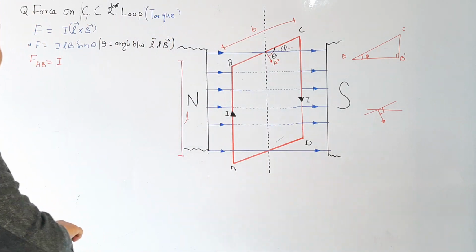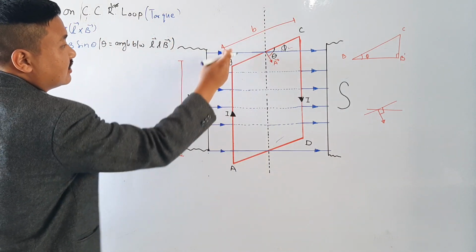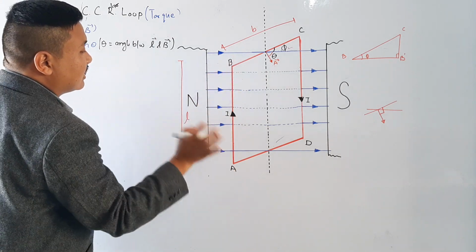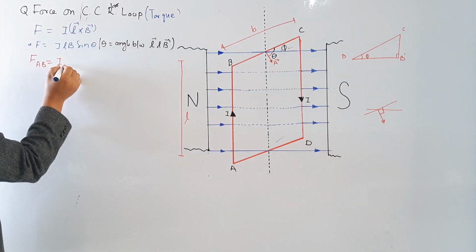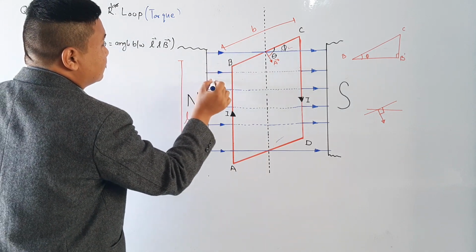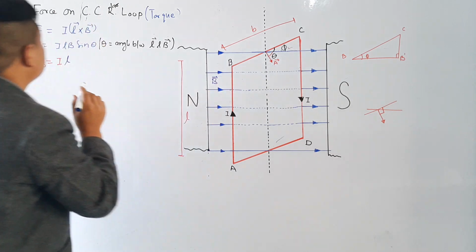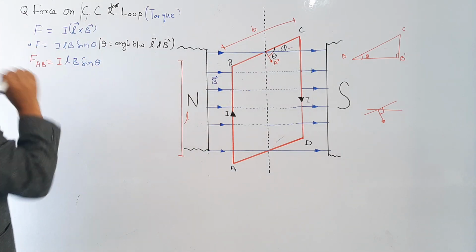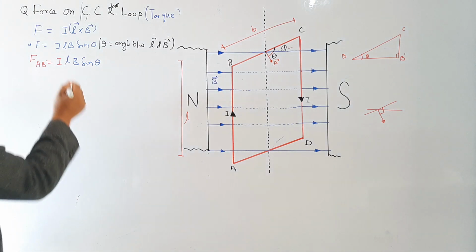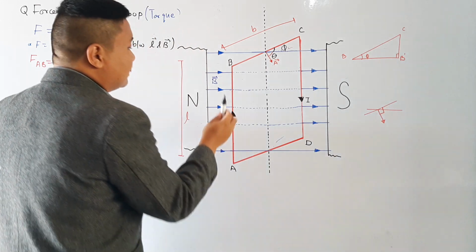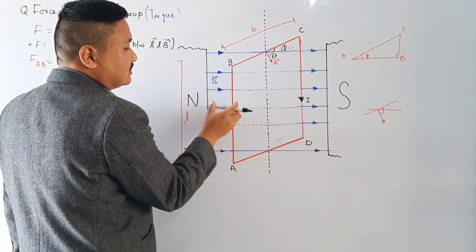Length is the length of the wire which is experiencing a force. Now this AB will experience a force, and from this I get the length, and let the magnetic field be this B vector. So there will be sine theta. What is theta? It is the angle between the length and the magnetic field. Here this is the length element and this is the magnetic field.